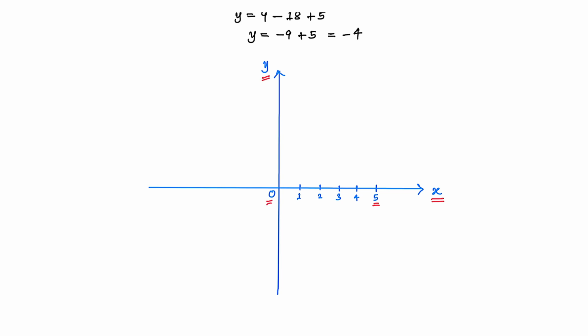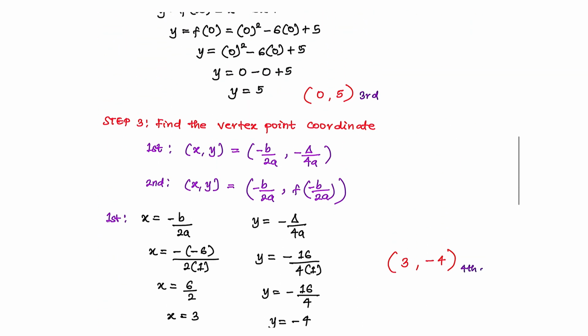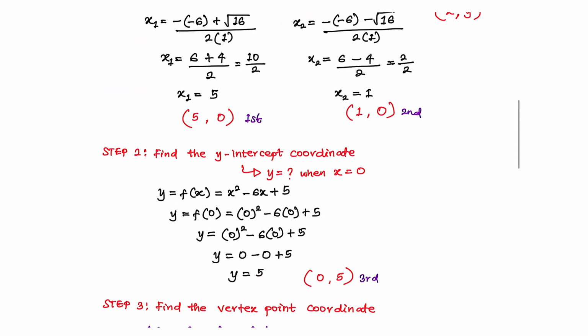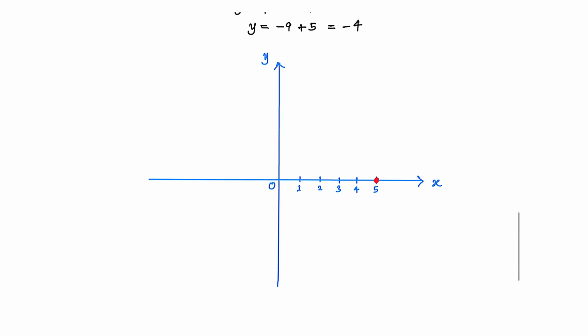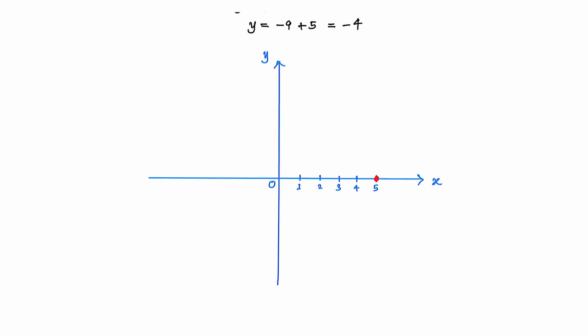That means we are talking about this point here. The second point is 1, 0. The value of x is 1 and the value of y is 0. So 1, 0 is this point here.